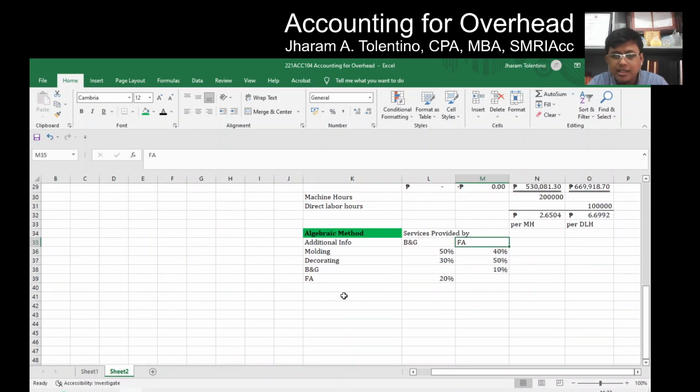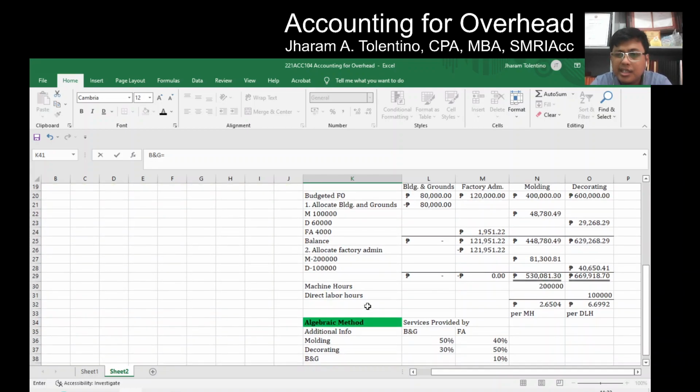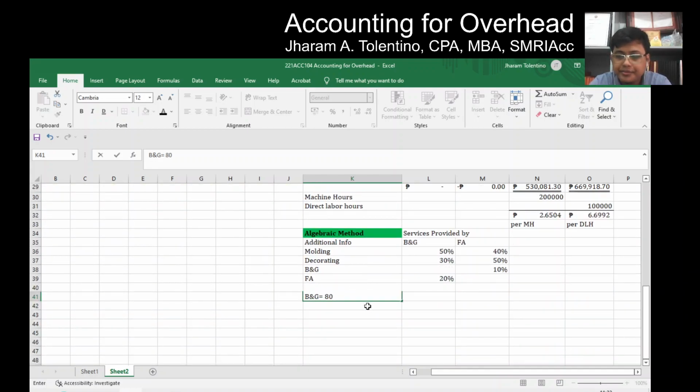So, gagawin natin, compute tayo nung total cost nung building and grounds. Okay? Na may inclusion na ng back services from the factory admin. The same with factory admin, may inclusions na ng building and grounds. So, compute natin. Magkano ba yung building and grounds? So, building and grounds, cost niya is equal to 80,000 plus ilan yung FA.